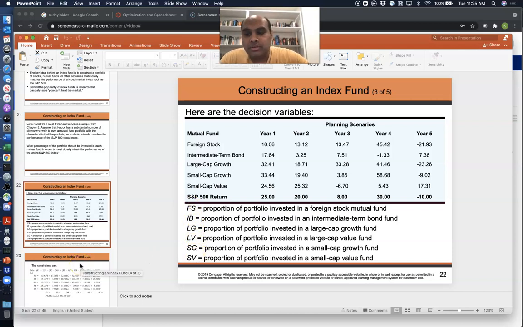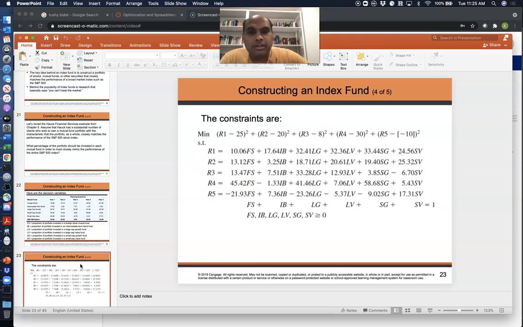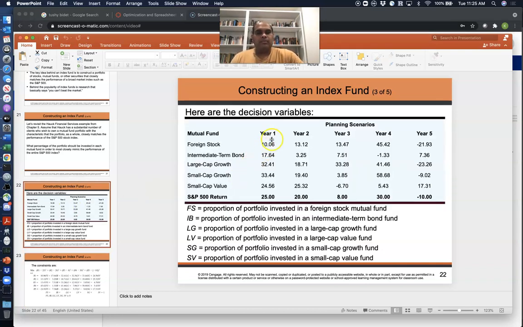Now the way you construct an index fund has a couple of steps. First, if you look at the constraints, you'll notice that the percentages all have to add up to 1. That is obviously going to be true. And then the other constraints are: if we get returns like year 1, what are the average returns that you would have gotten based upon the investments that you made?